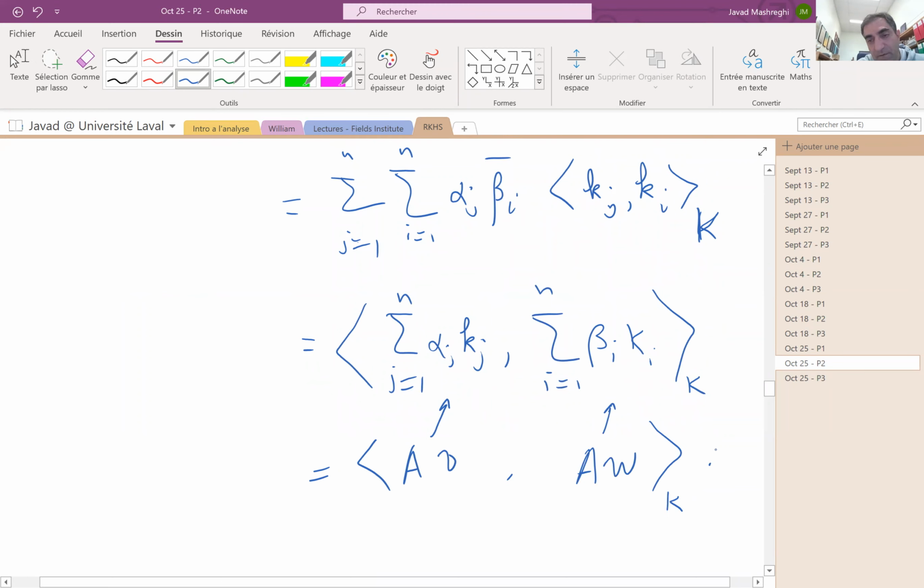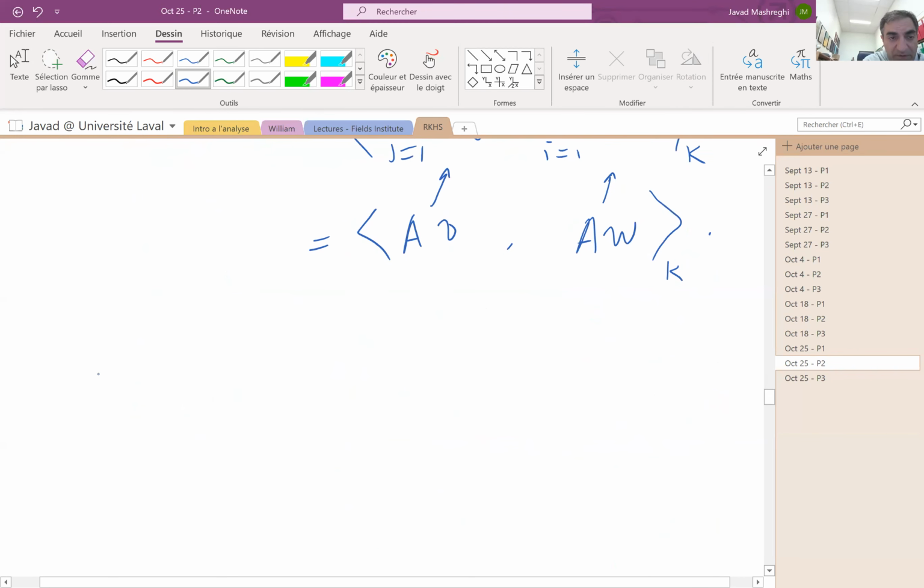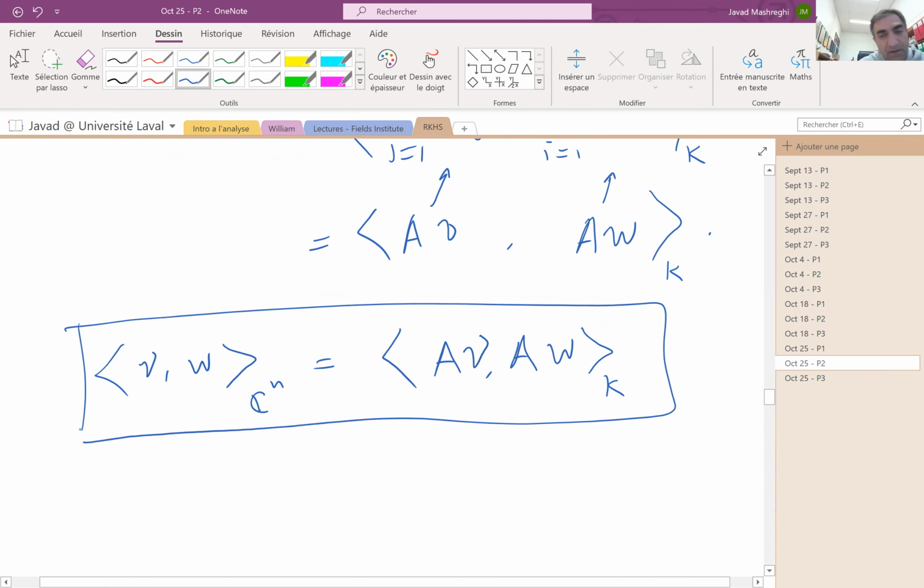So this establishes this formula: the inner product of V and W in C^n is the same as the inner product of AV and AW in K. That's one way to write it. But we wanted the other way around.